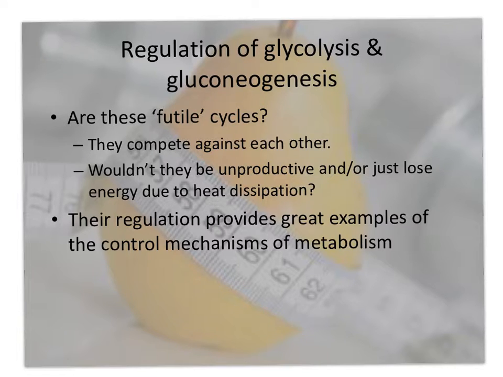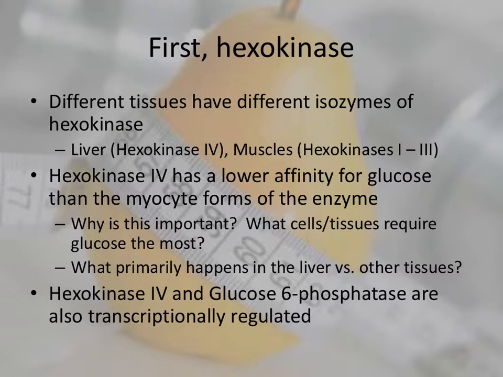So what happens though is if we look at their regulation, we can look at the different mechanisms that are available out there. And so we're starting off with hexokinase. And this is very important. Very important. Like little stars and asterisks, fireworks going off in the background. Okay? So we have hexokinase. First off, we have the cellular differentiation.